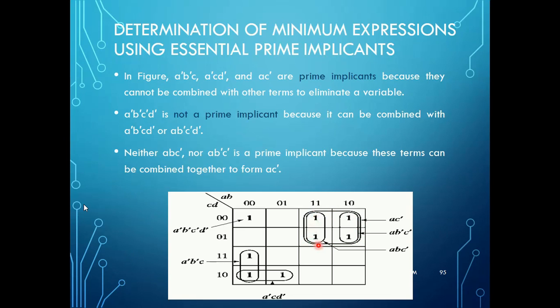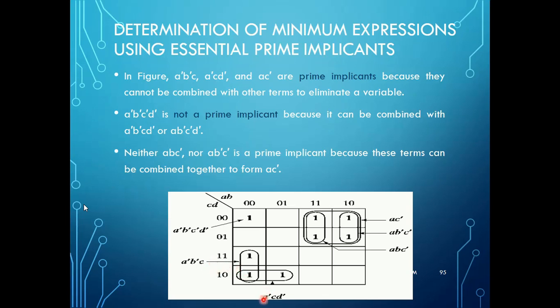We call all these three terms prime implicants because they cannot be combined with any other term to eliminate a variable. You can see whether this pair whatever you have encircled can be combined with any other nearest term. It cannot be combined. Again you cannot reduce this particular expression.